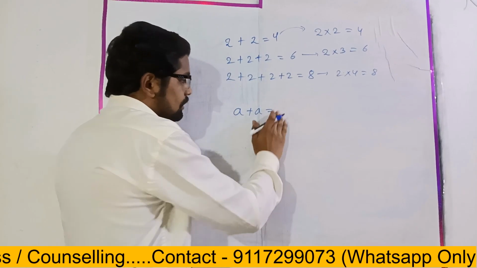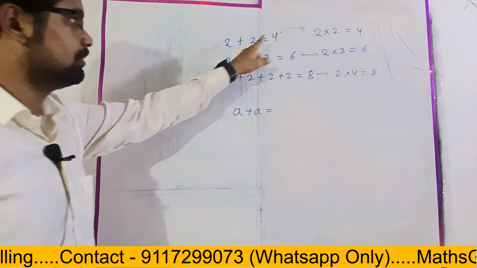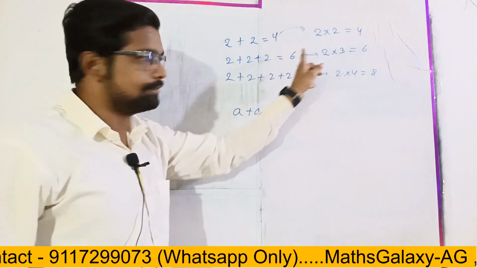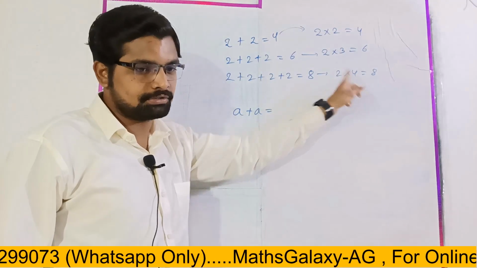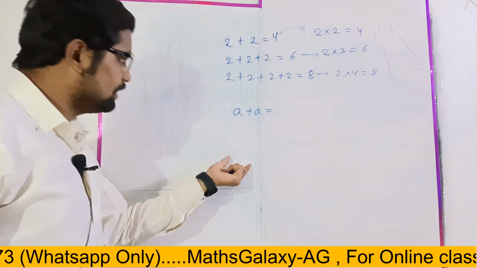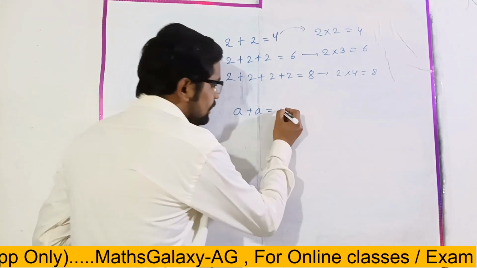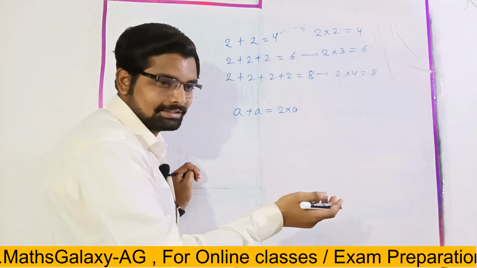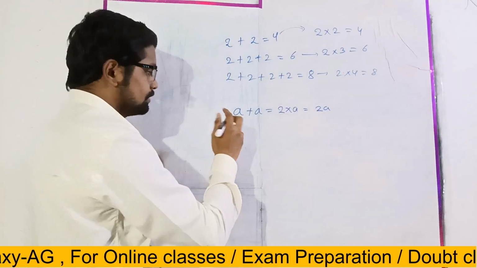See here, in the first, 2 is written 2 times, so we write 2 into 2. 2 is written 3 times, so 2 into 3. 2 is written 4 times, so 2 into 4. Similarly here, a is written 2 times, so we will write 2 into a. It's too simple, right? And it will become 2a in short form.